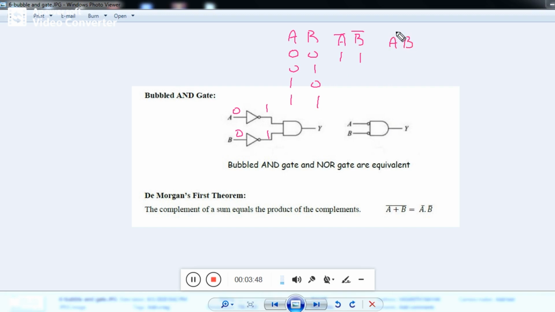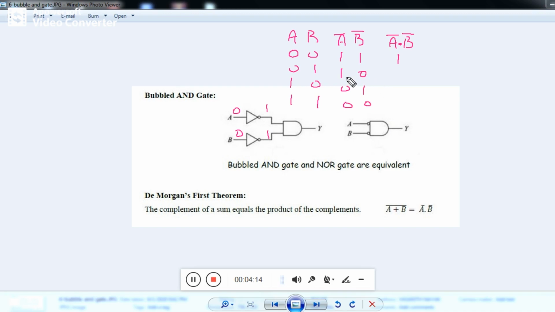The final output is A bar into B bar, that is 1 into 1, that is 1. Now for 0 1, this becomes 1 and 0, 1 0 becomes 0 1, and 1 1 becomes 0 0.